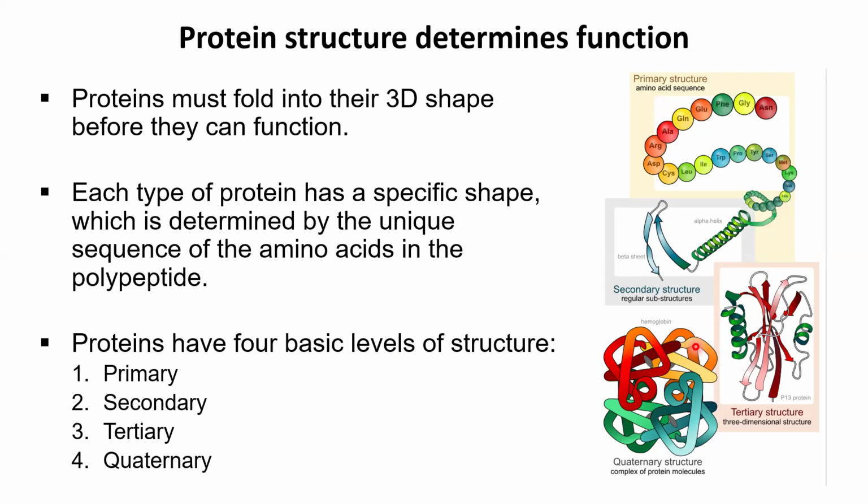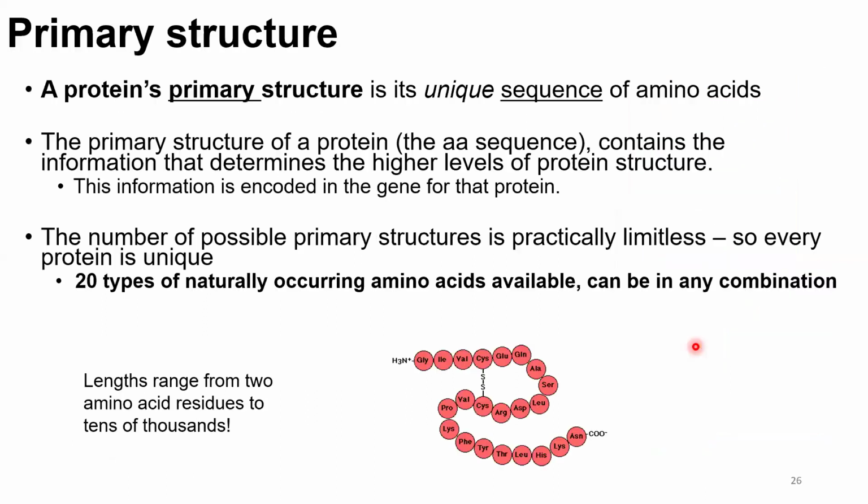So what happens is proteins have 4 basic levels of structure, first being the primary, secondary, tertiary, and quaternary. So the first structure itself is basically the unique sequence of amino acids that are not forming any other structure other than the sequence itself.